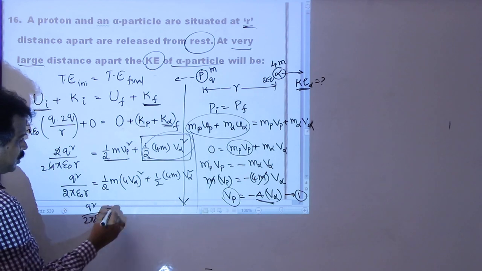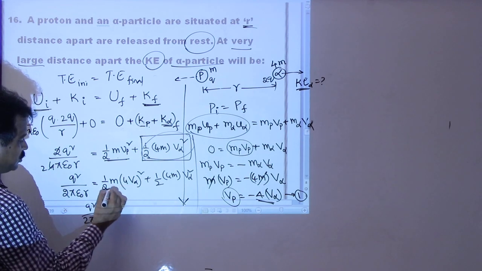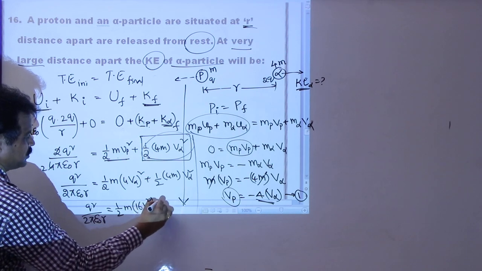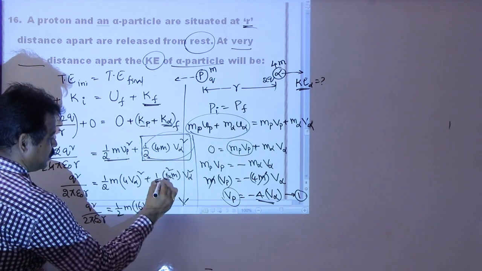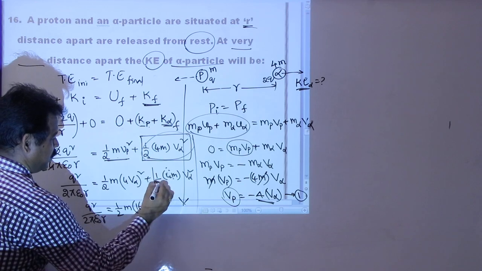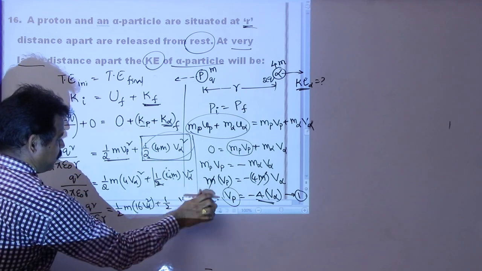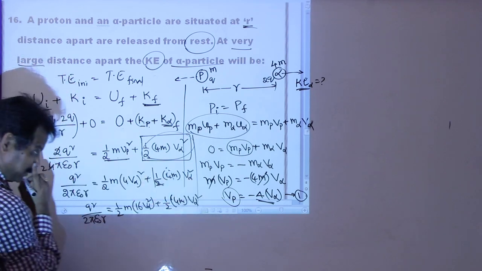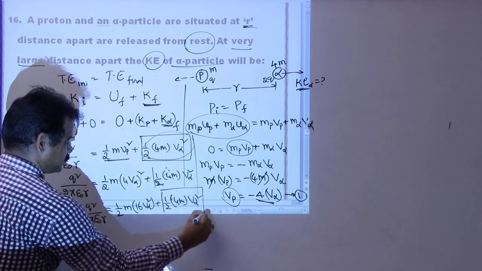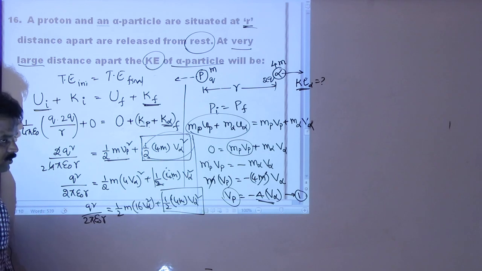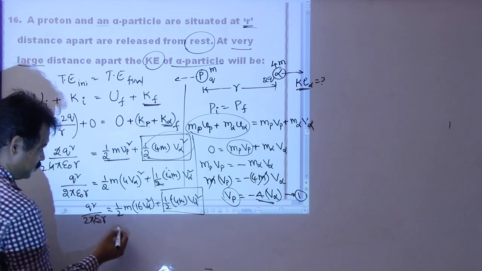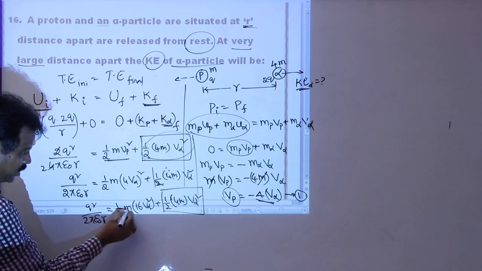So this will be q square by 2 pi epsilon naught r. This is 4 square, 16. So half m 16 V alpha square. This will be total kinetic energy of the alpha particle, half 4m V alpha square. So kinetic energy of alpha particle is equal to half 4m V alpha square, or half into m V alpha square into 4.